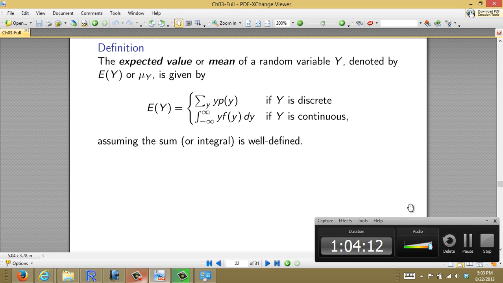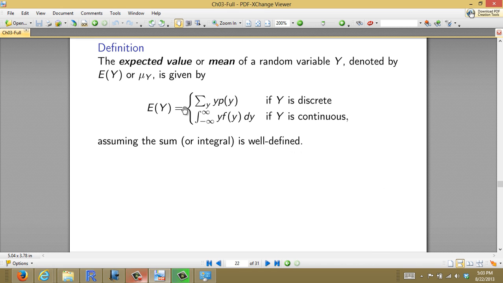So another property of random variables that is very important is the expected value, or mean, of the random variable. And the expected value is really just sort of a weighted average. It takes an event, multiplies it by how likely it is to occur, and then we sum or integrate over all the possible outcomes of our random variable.